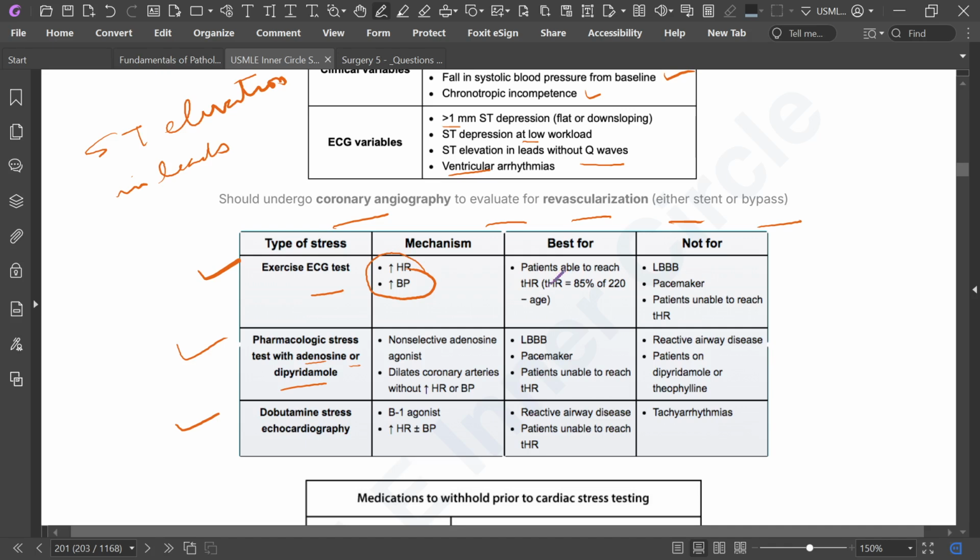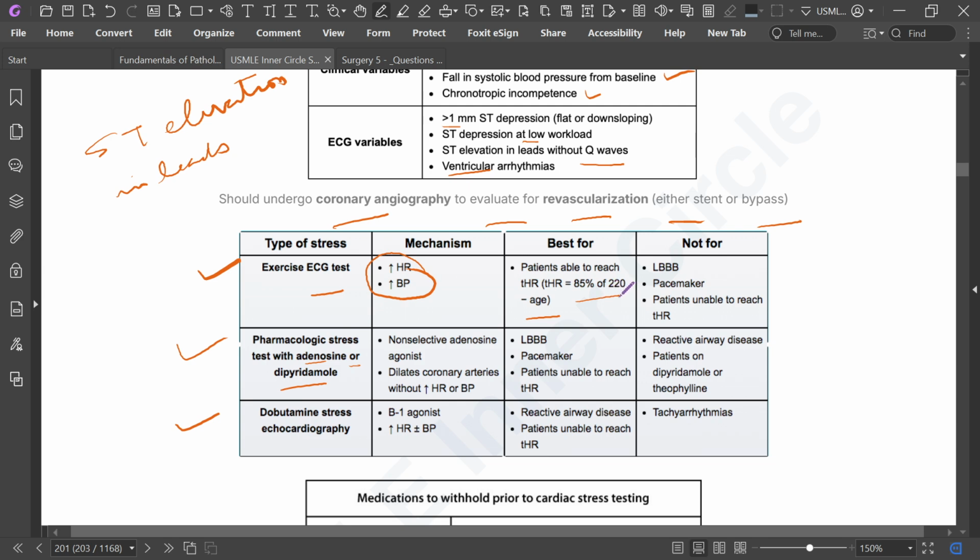When the patient is able to reach the target heart rate, how will you calculate the target heart rate? 85% of 220 minus age. This is the way we can find out the target heart rate.